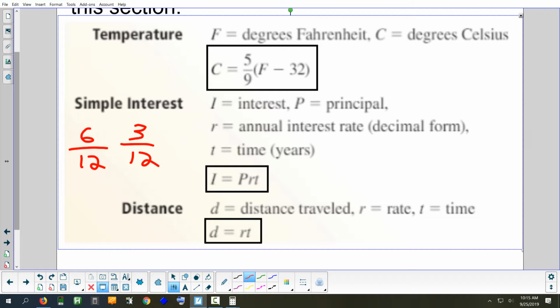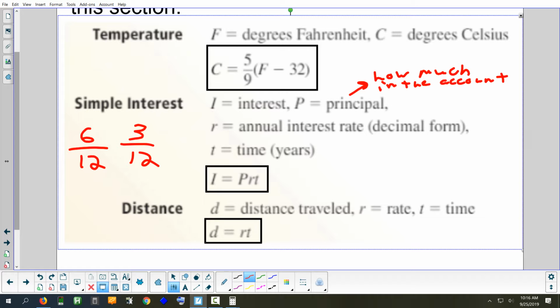Principal? Not like the principal at school, that's a different kind of principal. Does anybody know what principal means when you're talking about this formula? Isn't it like a factor or something? No. The principal is basically how much money is in the account. Like, let's say you had $300 in your savings account.